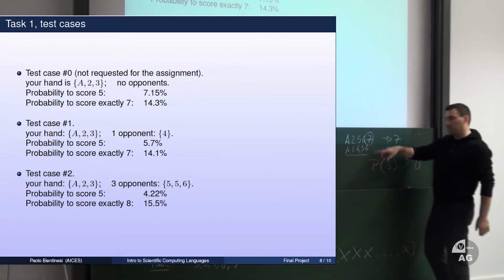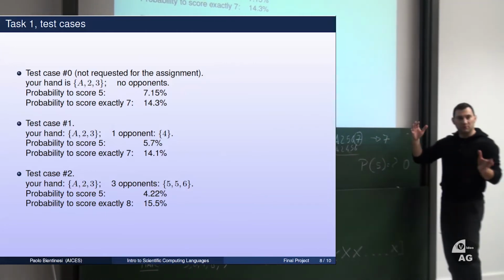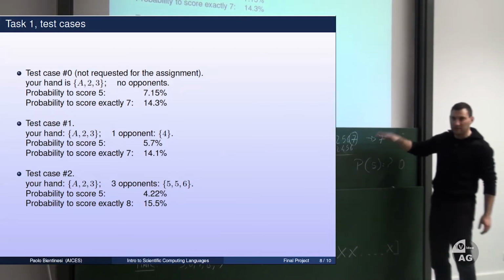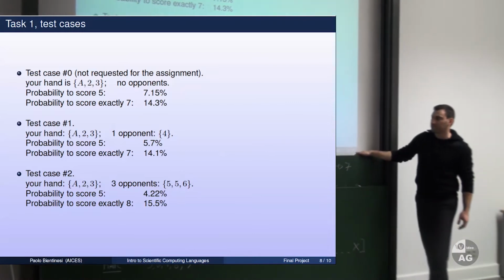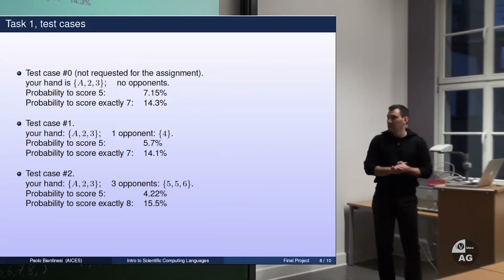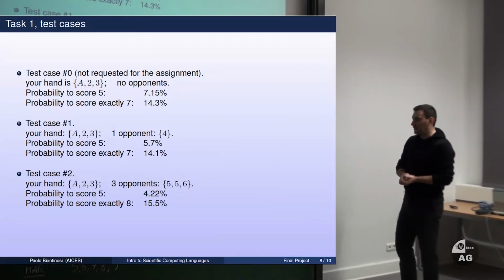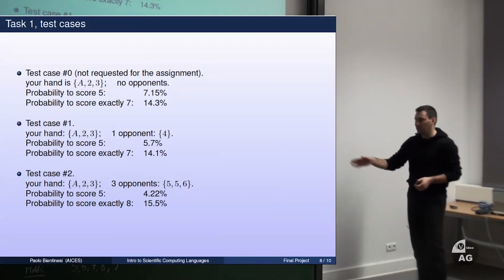So it could be 6 plus, actually 5, 6, and 7. And I don't want you to compute the cumulative, just the exact 7. But actually this is only useful if you are a player. Probably you wouldn't have thought of that.